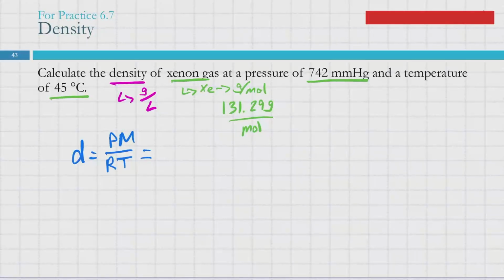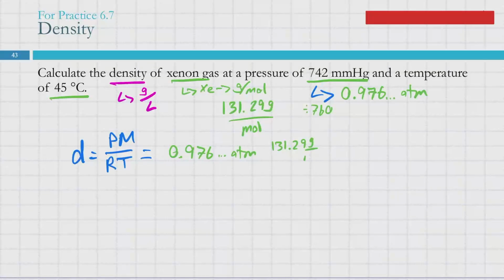Okay, so for PM, we got to convert our pressure from millimeters mercury to atmospheres. So we're going to divide by 760. So 0.976 atmospheres. Our molar mass is 131.29 grams per mole.